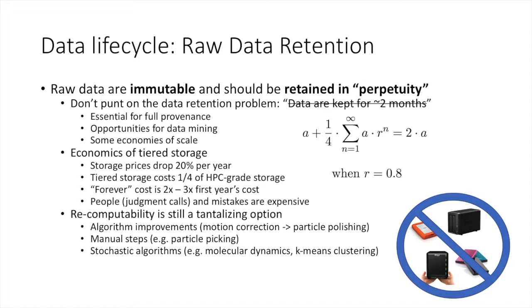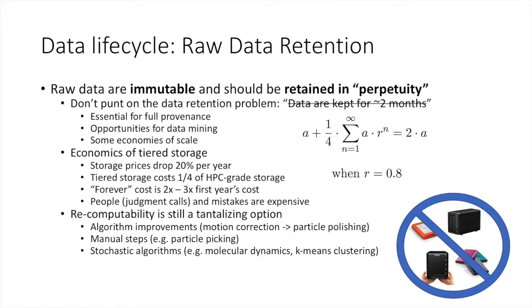So if you know that the price of storing that data is going to go down by 20% per year, and you recognize that once you're done with that data in a high performance HPC environment, you can move it to a cheap and deep system, you can often save, our model says, about 1/4 of the price of high performance data.